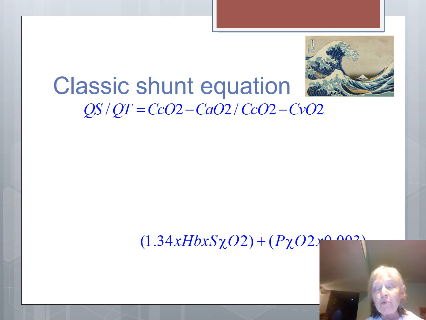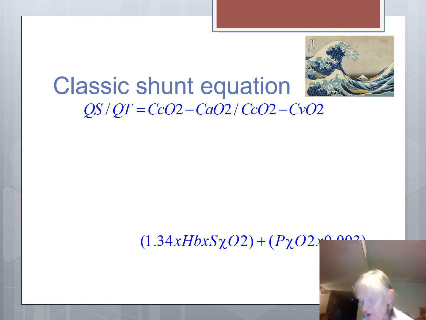The catheter in the pulmonary artery is either your Swan-Ganz, or you'll see it also just labeled pulmonary artery catheter. We're not doing quite as many of those as we used to. Part of the reason is that we don't want to make holes in people because that allows infection to set in. However, we still do use part of this, and so we still teach it because it's still a very valuable formula for us.